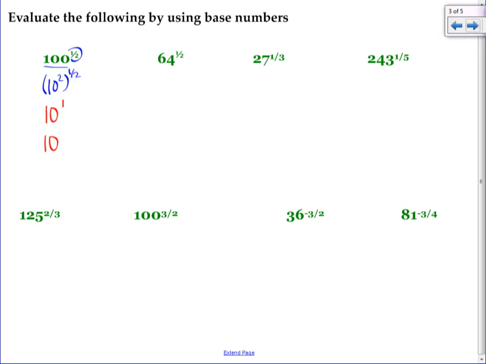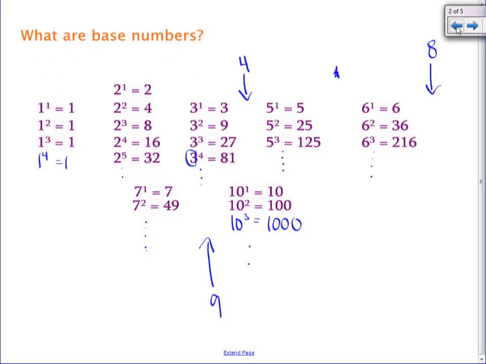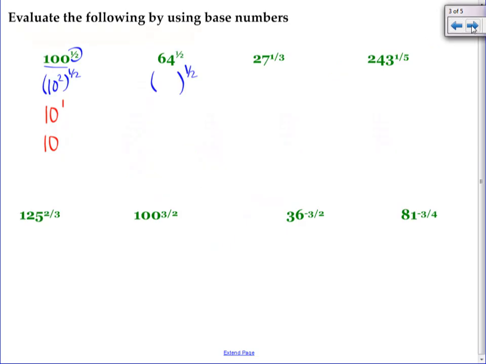Okay, so we go to 64. What's the base number for 64? It's going to be somewhere on this list, right? 2 to the 6th is 64.